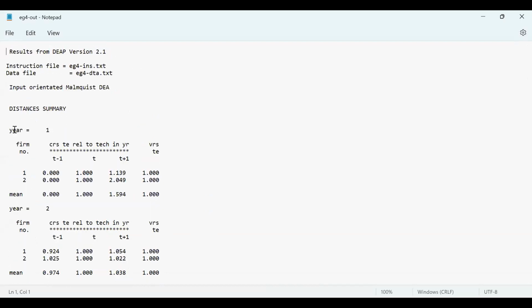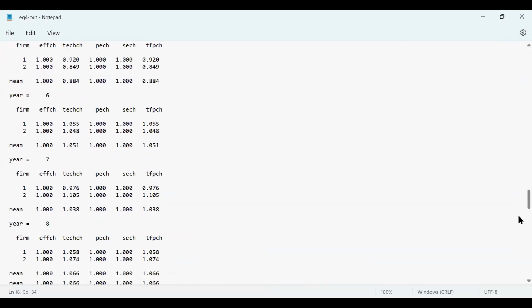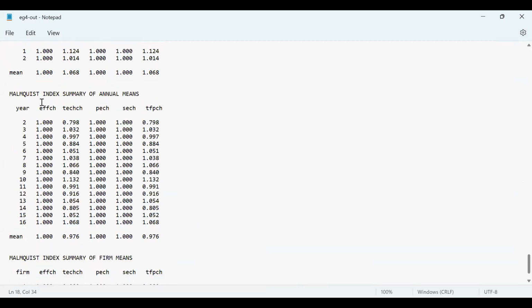This shows the year-wise technical efficiency from year T to T plus 1. For the first year, that is year T, it is always assumed as technically efficient, 1. For the second year, it will measure the change from the previous year. And lastly, in the end, we get year-wise efficiency change, technical change, efficiency change which is categorized into two parts, pure efficiency and scale efficiency, and lastly TFP change in all these 16 years.